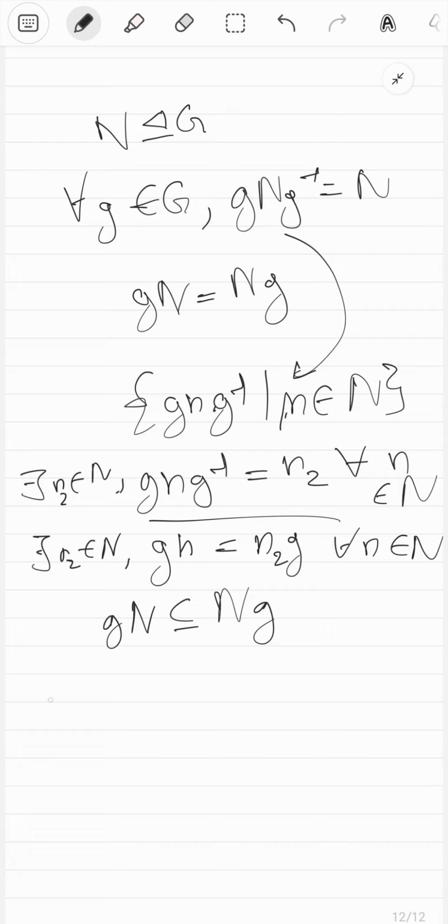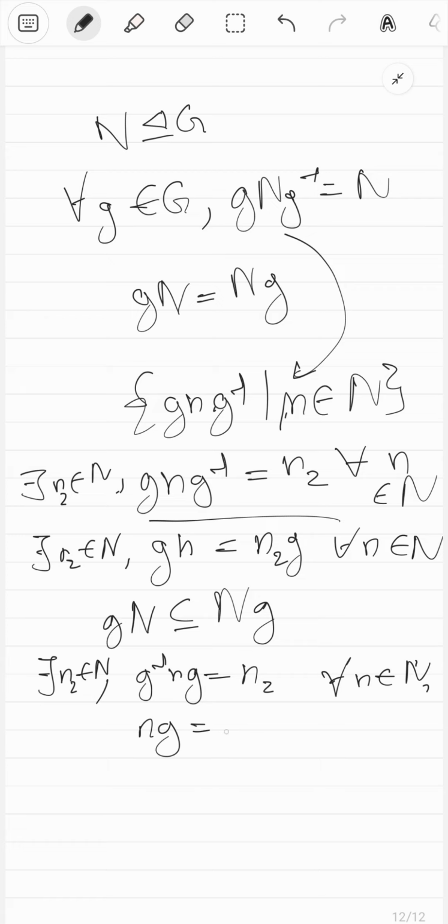So for all n in N, you have g inverse n g equal to n2, where there exists some n2 in N such that g inverse n g is n2. So essentially ng is equal to g n2, and so what we're saying is that Ng is a subset of gN. And so the only way this happens is that Ng is equal to gN.